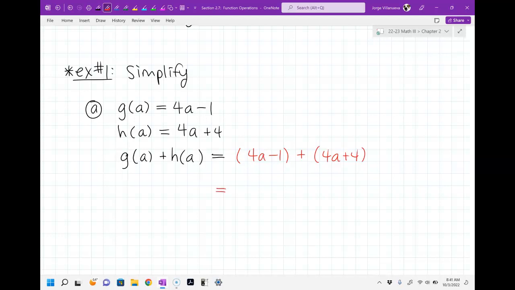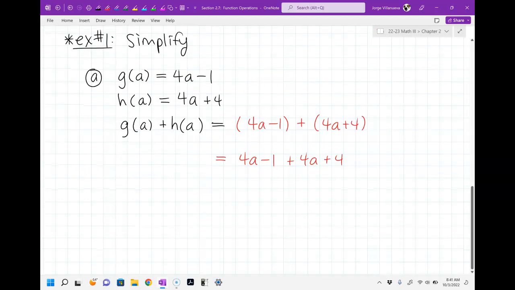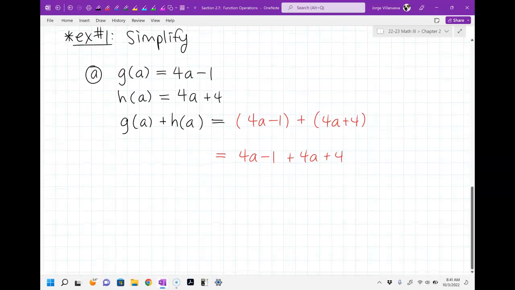So this is equal to 4a minus 1 plus 4a plus 4. Combine your like terms. So 4a plus 4a, that's like terms. That's going to be 8a. And negative 1 plus 4 is 3. And you're done.